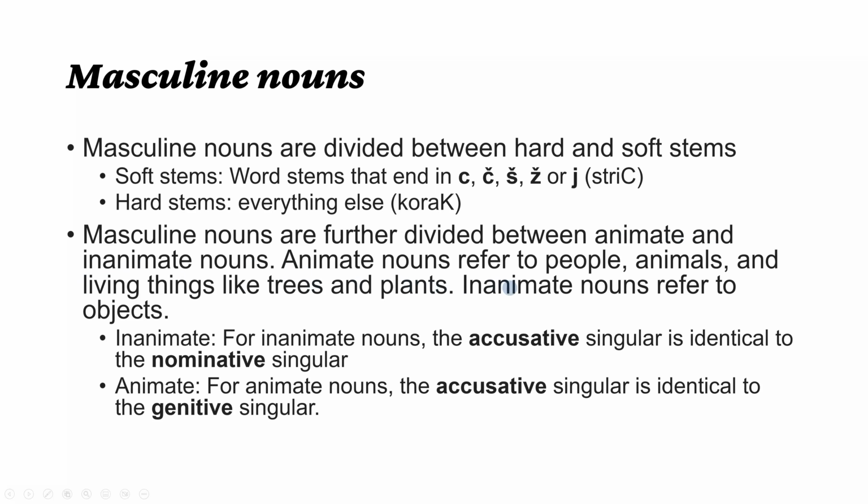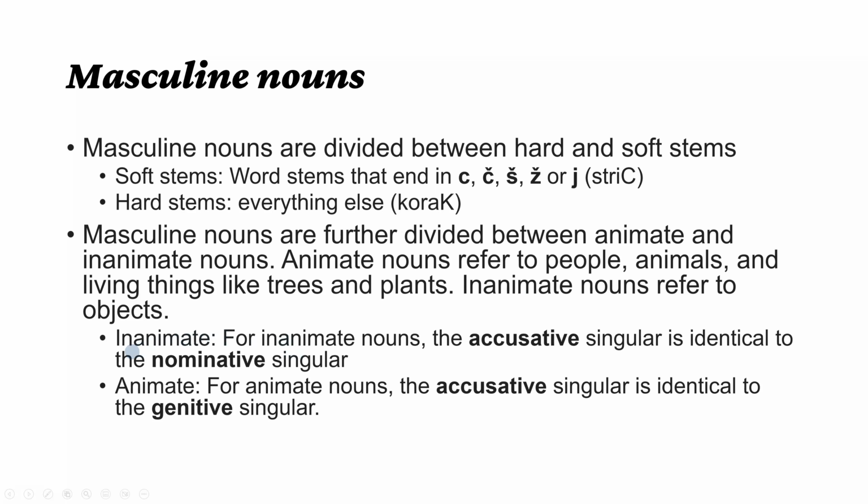Inanimate nouns are objects. Okay? So, for instance, an animate noun is a girl or a mushroom. An inanimate noun is, for instance, a chair, if that makes sense.